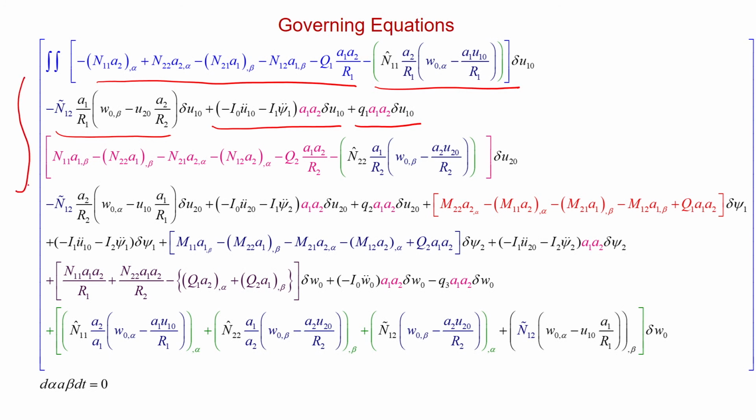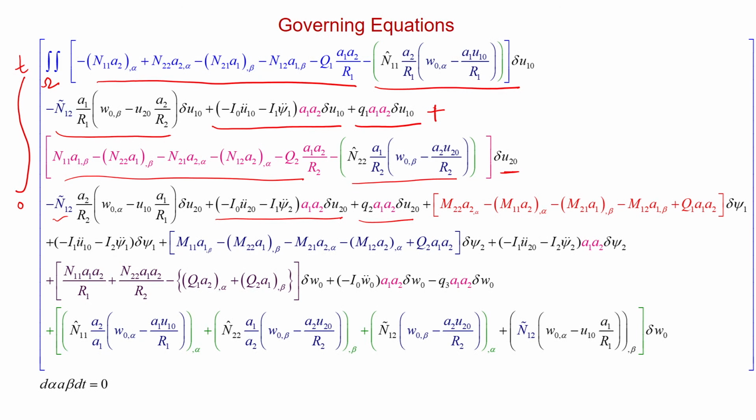I have written the 0 to t integration, with the area integration inside, and that is going to be 0, plus the contribution of the coefficient of del u20. So, del u20 will have these two non-linear terms, plus kinetic energy plus external work done.